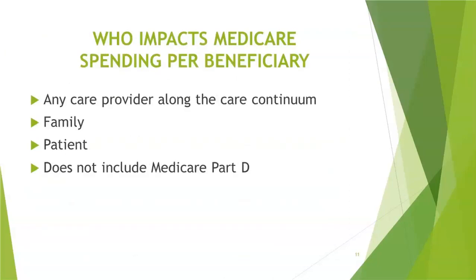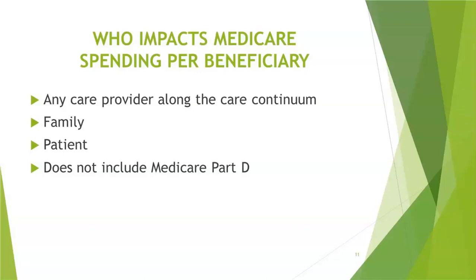So who affects the spending per beneficiary metric? Well, if we're thinking about that continuum of care, which we clearly must as hospital case managers, we really have to think about the broadness of the care that a particular patient might receive. Of course, any provider along that care continuum, whether it's the doctor's office, the emergency department, the hospital, or a subacute facility, any physician or other care provider can impact that spending.